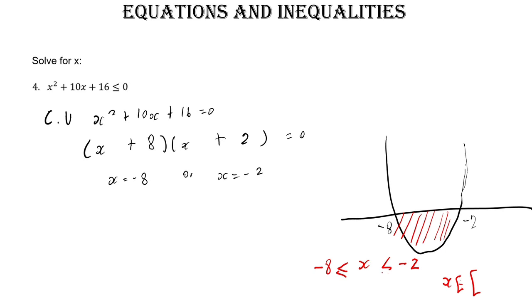Don't forget to include these ones as well, -8 and -2. And those are your final answers. So only choose one. If you prefer this one, choose this one and stick with it throughout. If you prefer scientific notation, stick with scientific notation throughout.